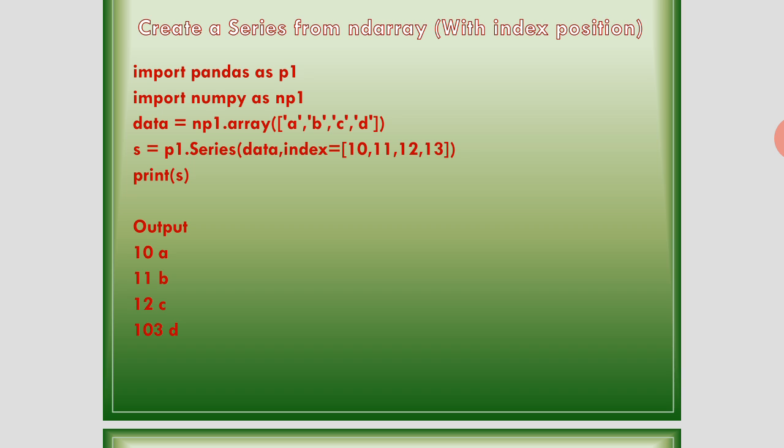On printing this series we will get the output: at index label 10 it is a, index label 11 is b, index label 12 is c and index label 13 is d.